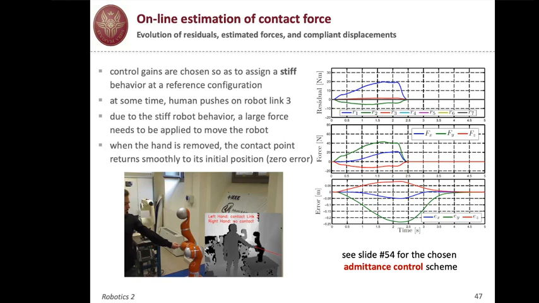So the robot is in its initial position when it's being touched by the human. So this is the displacement in the xy direction of the contact point, which then returns when the force is released, you see, in an exponential way to the 0 error, which means it goes back to the initial position.